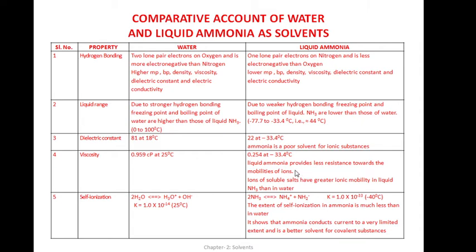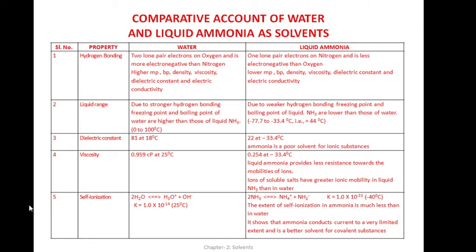It may not dissolve ions, but it makes the ions more mobile. Here, the viscosity is higher, so it is going to give resistance to the movement of ions. But here it is easily movable. So ions of soluble salts have greater ionic mobility in liquid ammonia than in water.